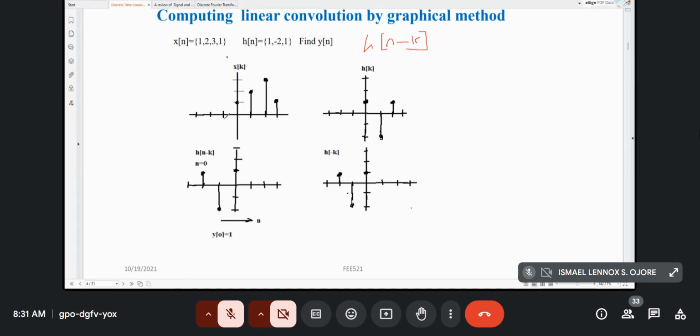So the one that corresponds, this corresponds to this, corresponds to this, corresponds to this. It may not look so, but it is supposed to be that.